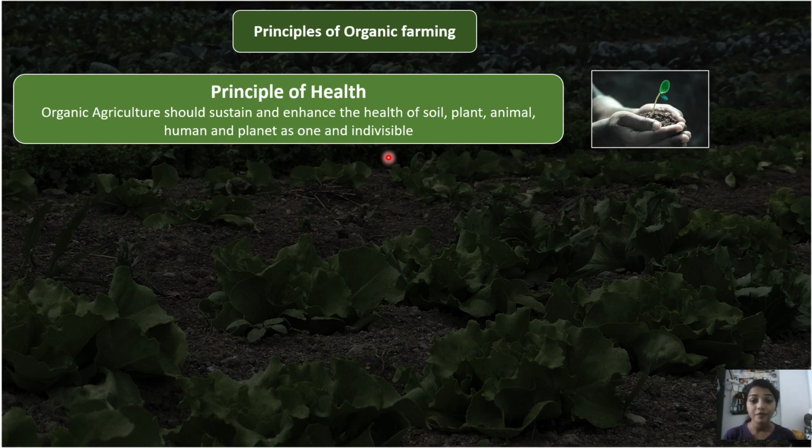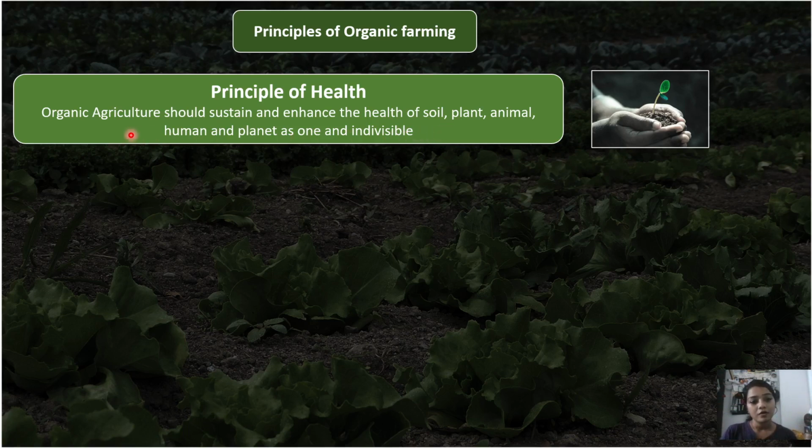So if the soil is healthy, the healthy soil will produce healthy plants, which will give rise to healthy animals and healthy humans, and overall the whole planet will be healthy, and therefore the health of each and every individual is indivisible, and this relates to the health of the soil, right?